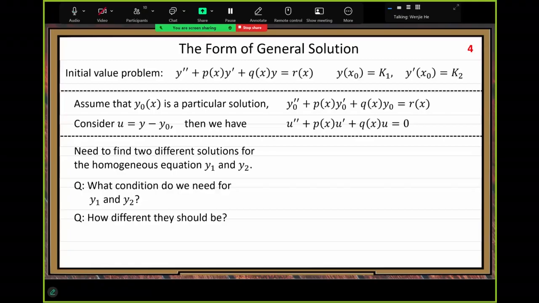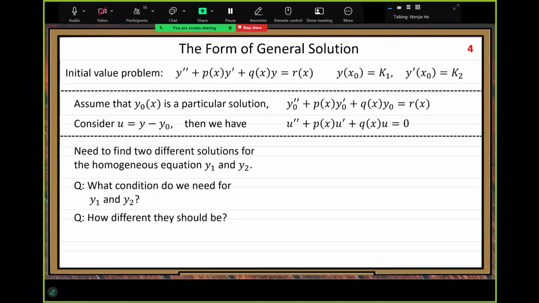So we want to see how big the difference is, right? If the difference is small, then it does not help. So we want these two functions to be significantly different.